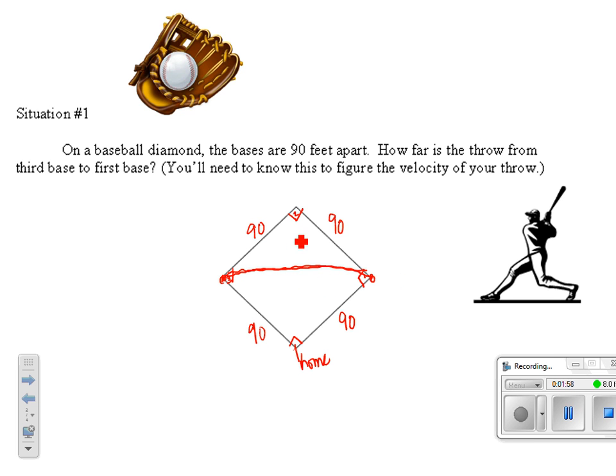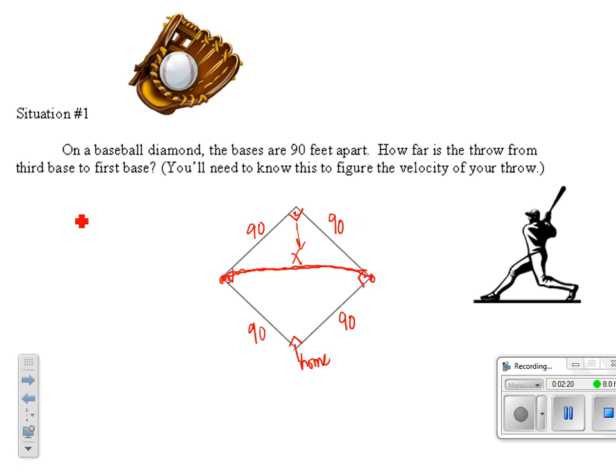Well, now what I've done is I've taken my diamond and turned it into two right triangles. It doesn't really matter which triangle I use, so I'm going to go ahead and use the top part of the triangle. If this is my 90 degree, that is my hypotenuse, and so those two must be my legs.